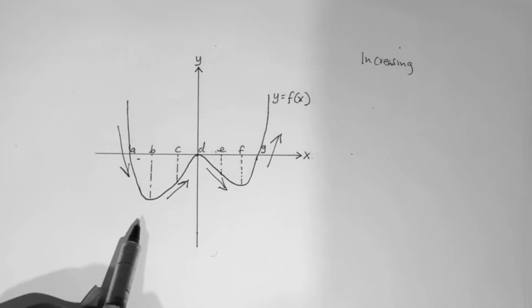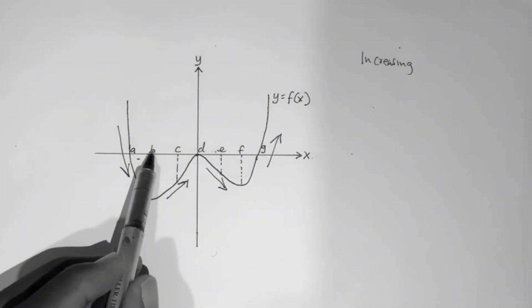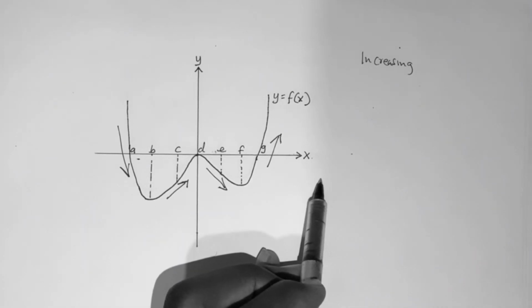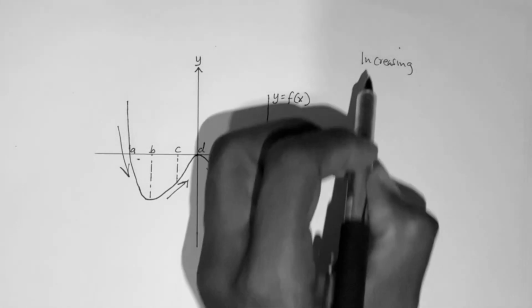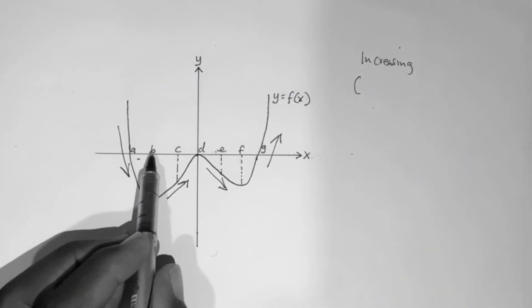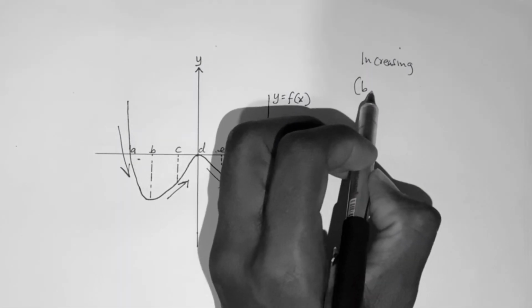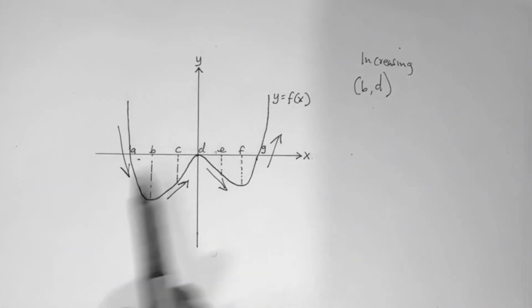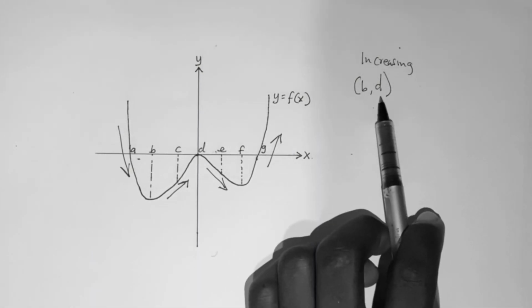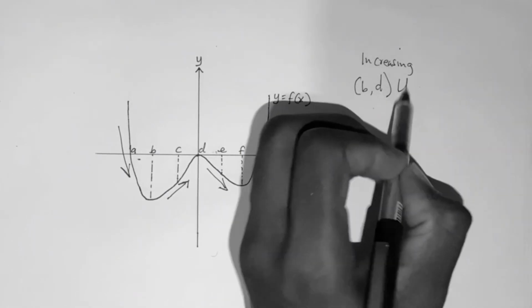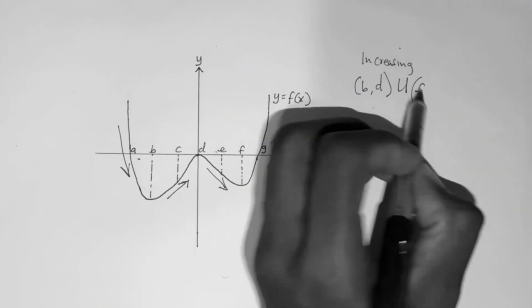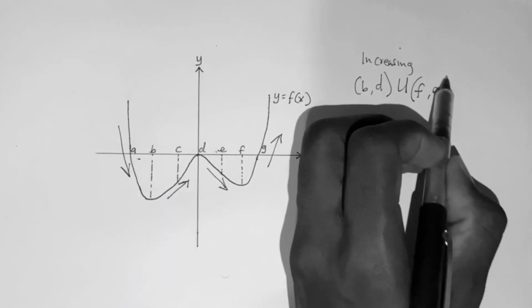So therefore, the interval for increasing is from b to d, and also from f to infinity. We are using this bracket because the points b and d are not inclusive. Union, then it is also increasing from f to infinity.